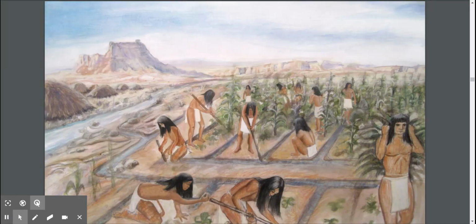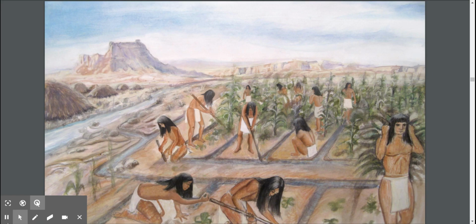As we read this next part, see if you can identify the cause and effect relationship. Approximately 2,000 years later, some groups of native peoples in this region began to develop more sophisticated farming methods that included the use of irrigation, the ability to channel water to crops.